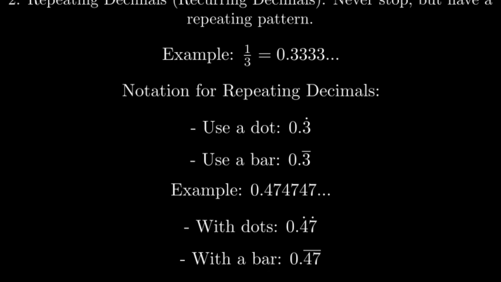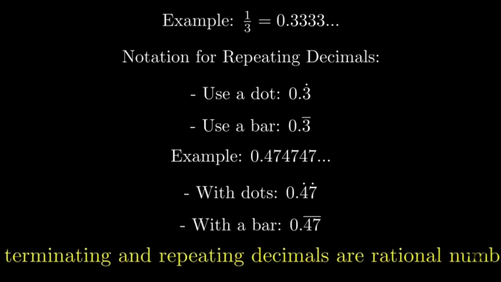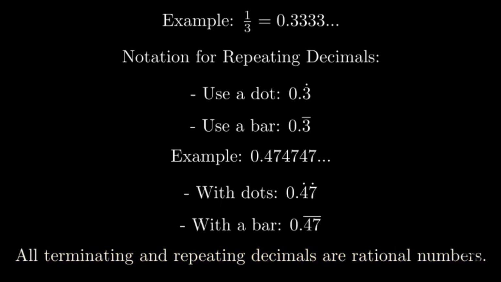Here, the digits 4 and 7 repeat together, so we can write it with a dot over the first and last repeating digits, like 0.4.7. Or, we can put a bar over the entire repeating block, 0.47 bar. And here's an important fact. Every single terminating decimal and every single repeating decimal can be written as a fraction. This is the definition of a rational number.